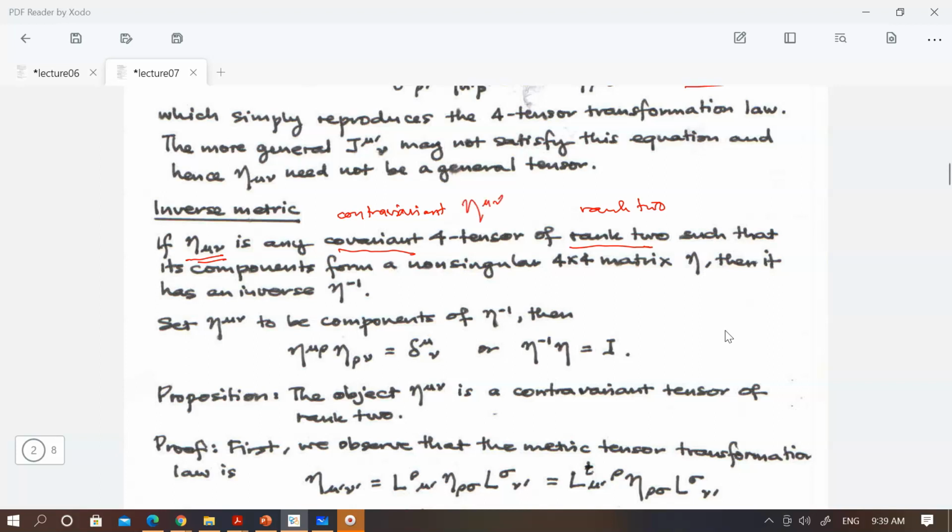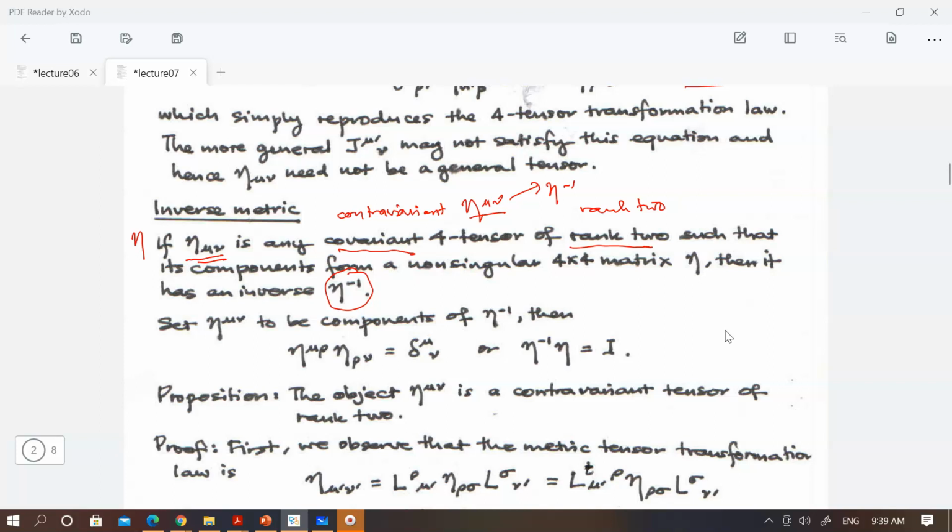So that it behaves like an inverse of your matrix eta previously. So this as a matrix gives you eta, and this one will give you eta inverse. When you multiply both, you're supposed to get an identity.